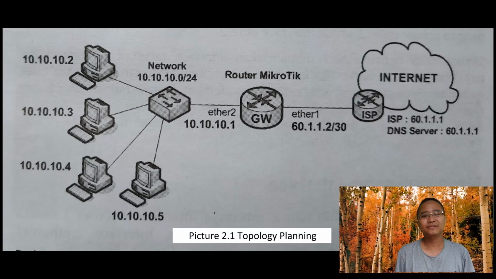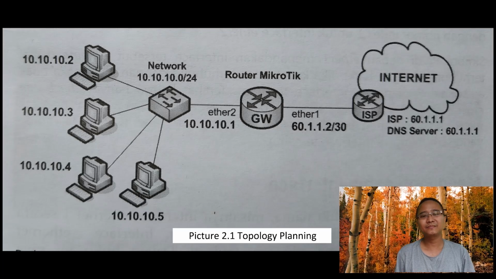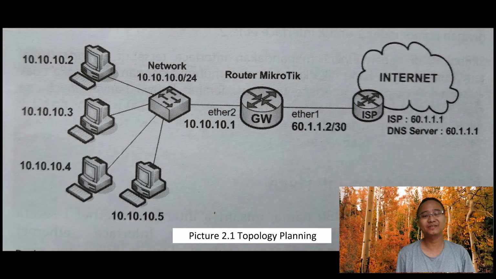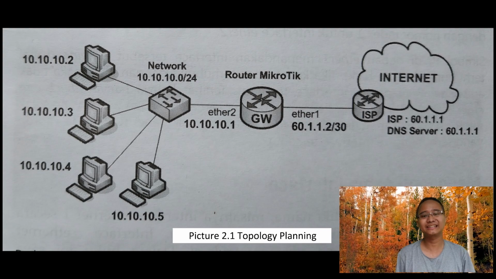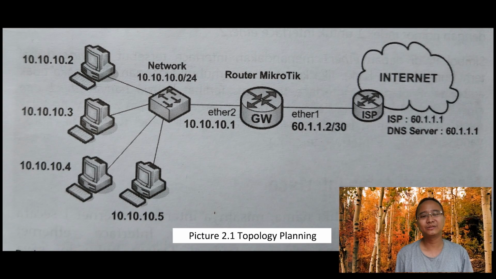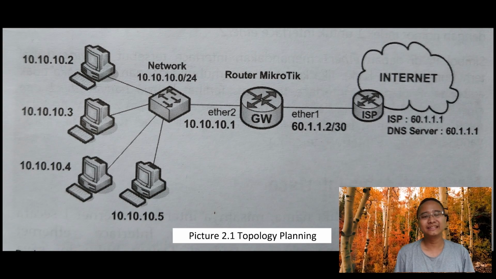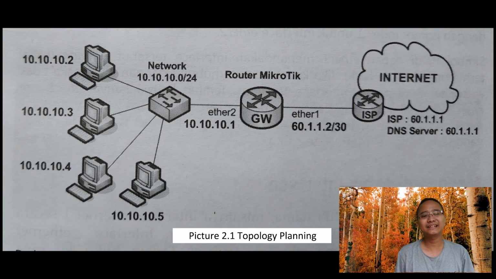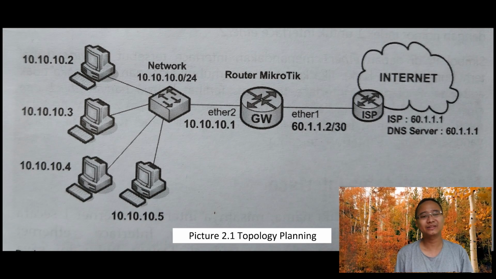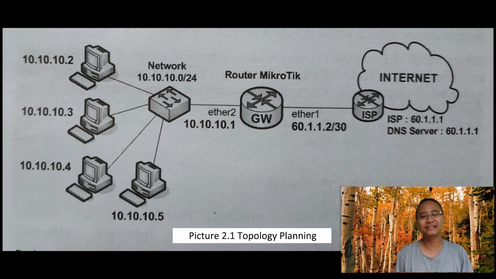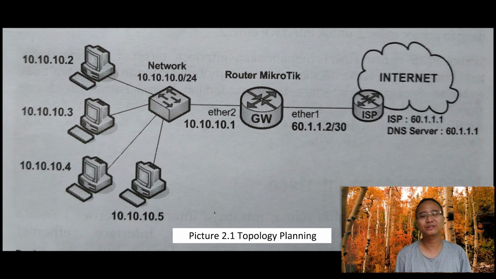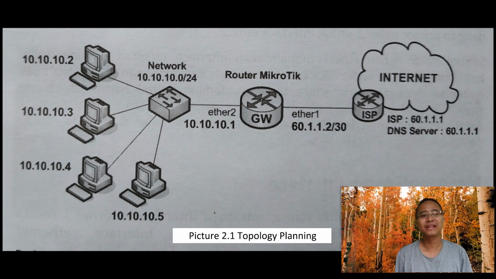In the topology above, interface Ether1 of the MikroTik we will configure with IP 60.1.1.2/30, and we will connect it to the ESP as well. This IP is a static IP given by the ESP, whereas Ether2 is the interface that connects to the switch to connect computer users in the local network.